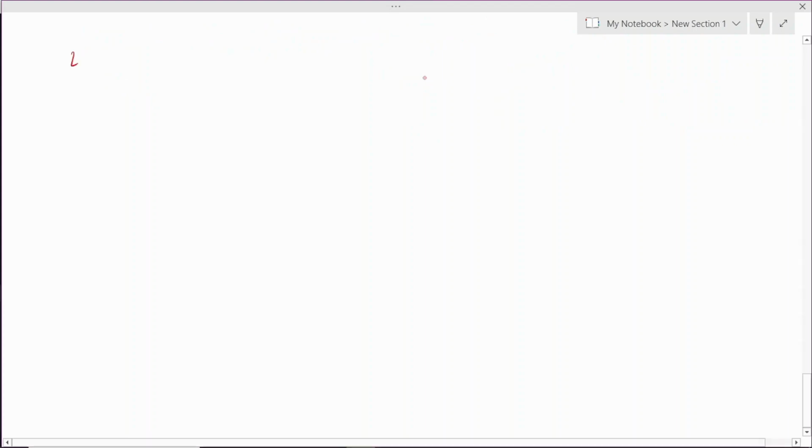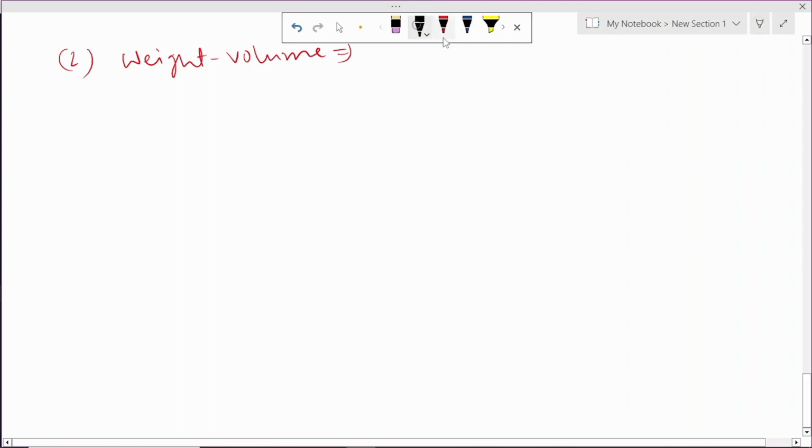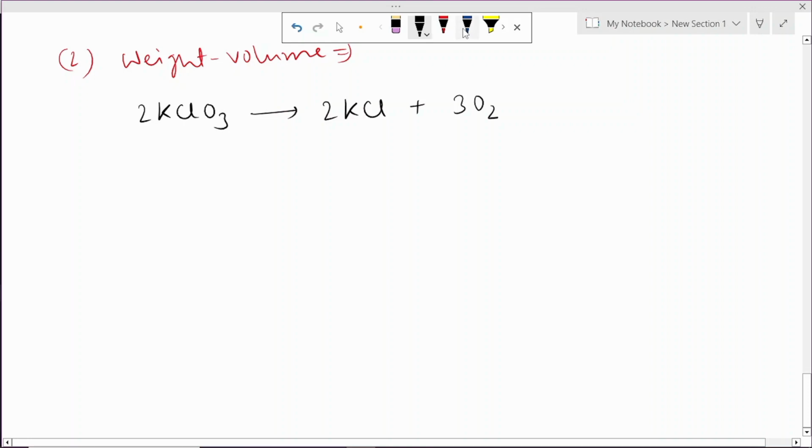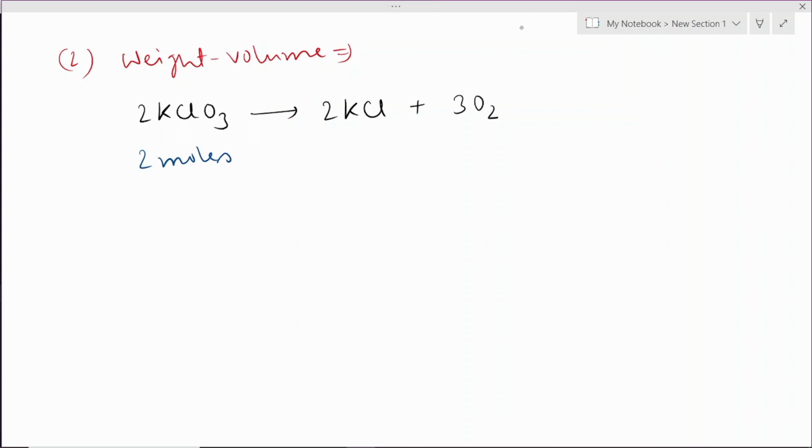Next, we will discuss weight volume related calculations. Suppose we consider a reaction 2KClO3 gives 2KCl plus 3O2. Here 2 moles of potassium chlorate gives 3 moles of oxygen.